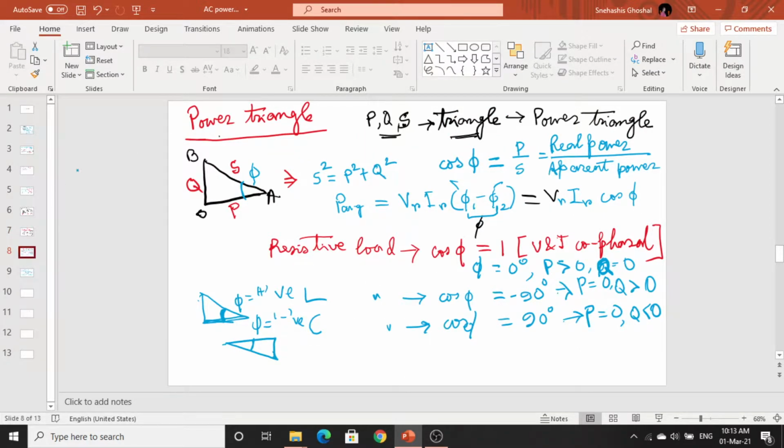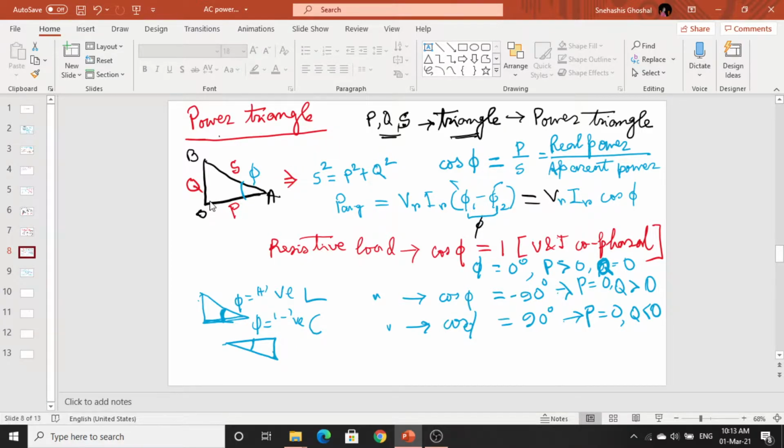The active power measured in watts, reactive power measured in volt ampere reactive, and apparent power measured in volt ampere can be represented in a triangular format, and that triangle is known as the power triangle, which obeys the law of Pythagoras.